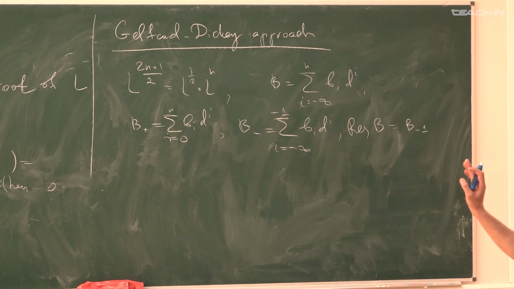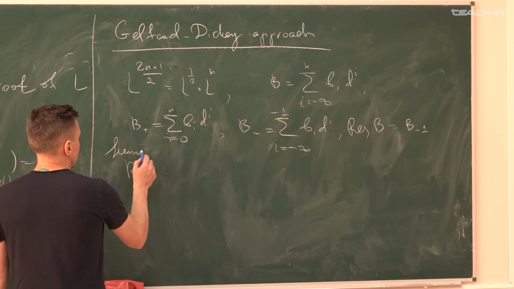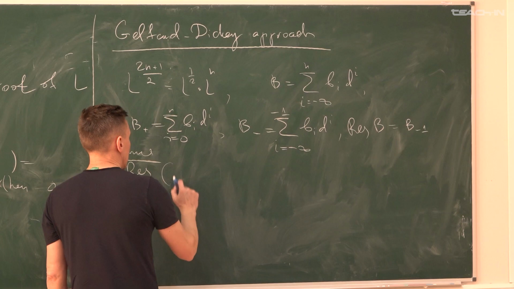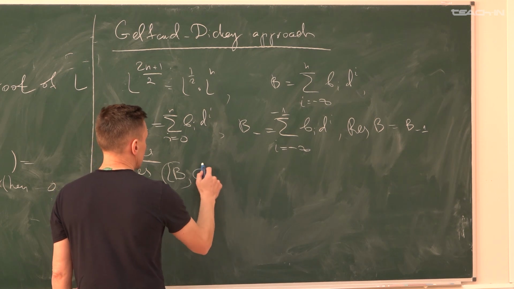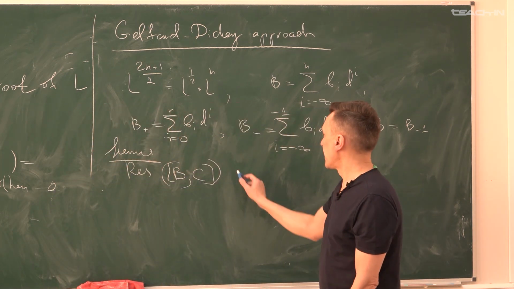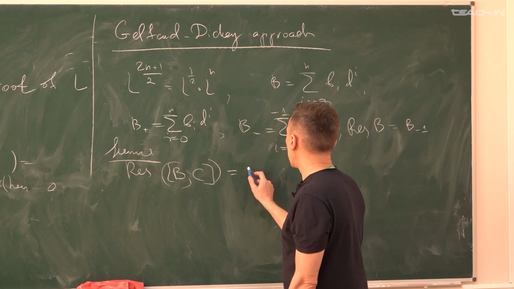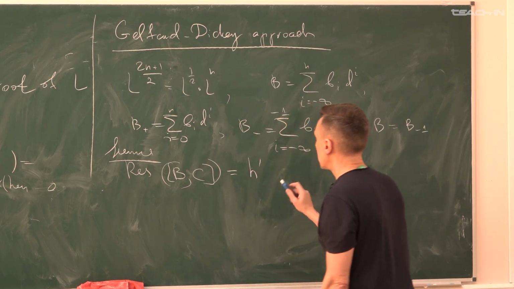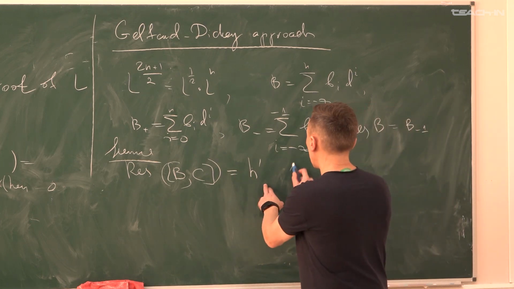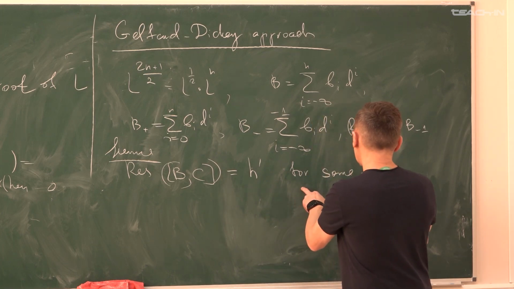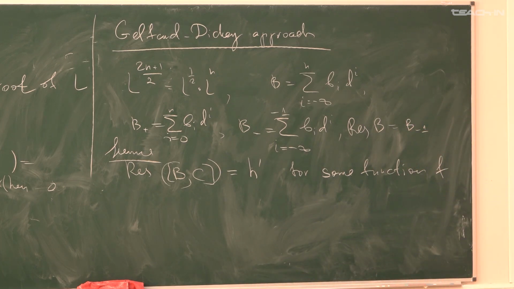Let me write you a lemma, which is very important. Residue lemma: the residue of the commutator of two operators b and c is always a derivative h prime, for some function h from our space of rapidly decreasing functions on x.